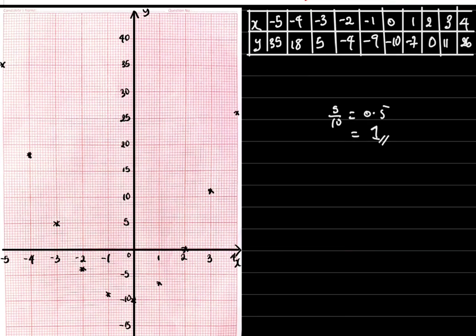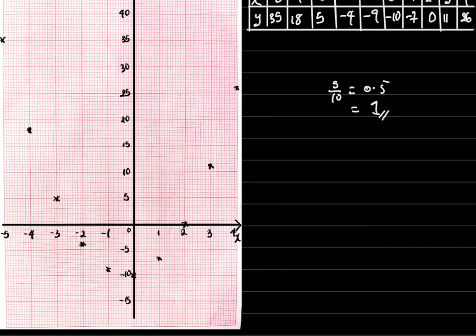Now what is left for me is to join it neatly. Okay, good. Joining neatly. Make sure you get the curve, okay, because it is very important that you get the curve.